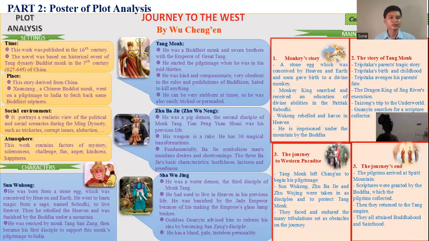Then he rebelled against heaven and was punished by the Buddha under a mountain. After that, he was rescued by monk Tang. Then he became his first disciple to support this monk's pilgrimage to India.